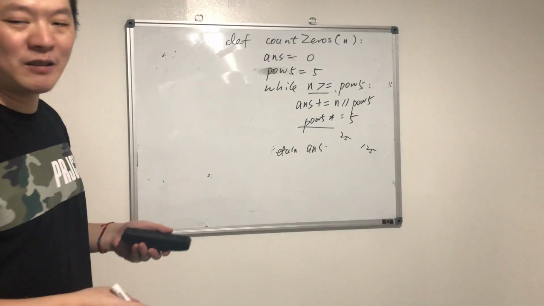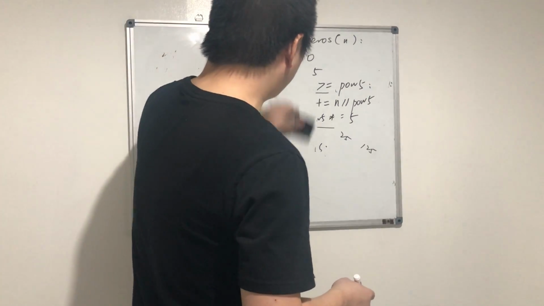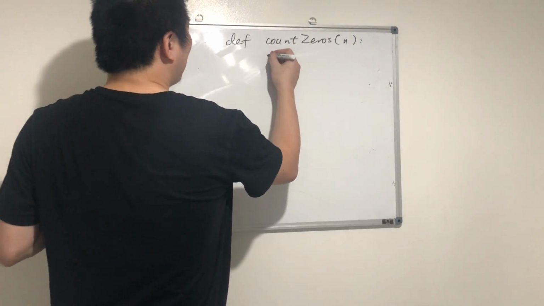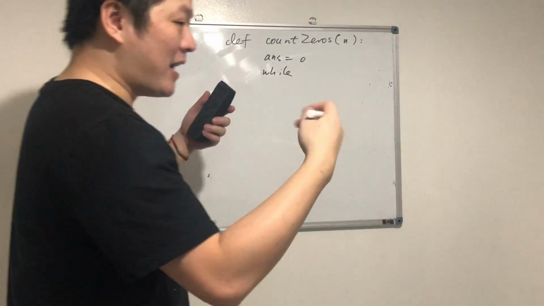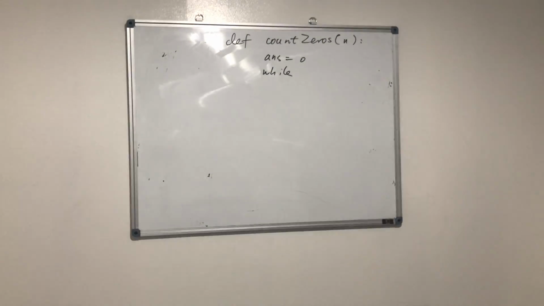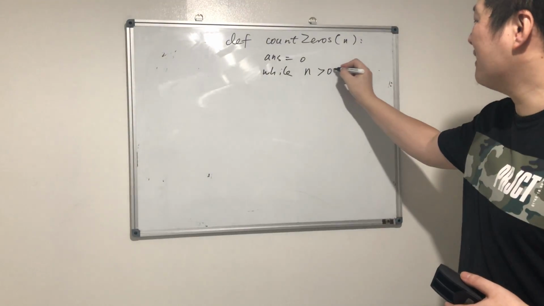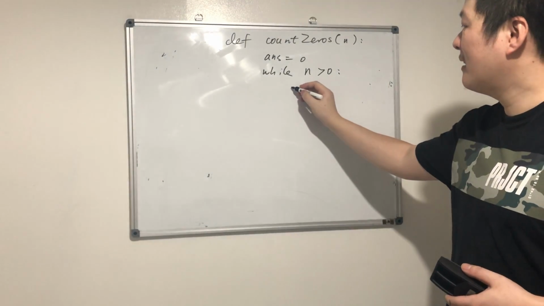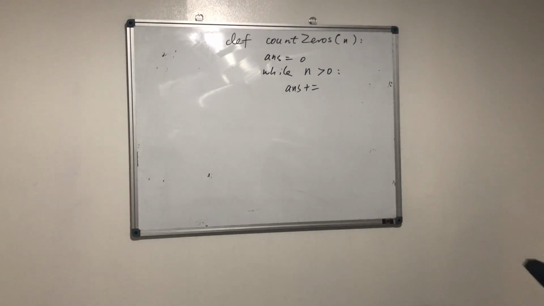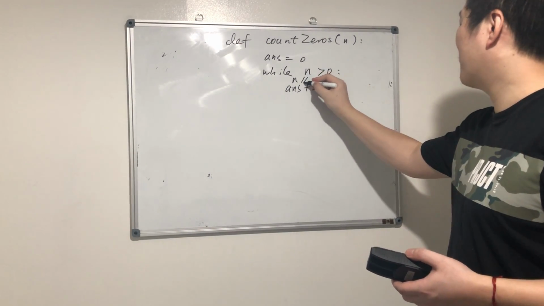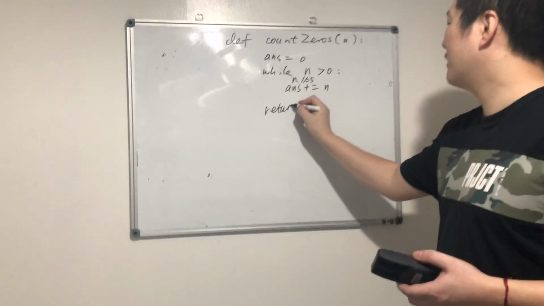Do you still remember the previous method, the first one? Answer equals 0, while n is bigger than 0, we divide by 5. Actually, n should be divided by 5 first, and then answer plus equals n. Return answer.